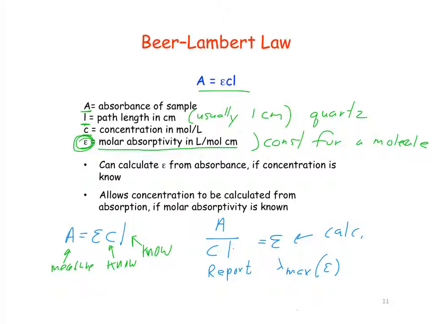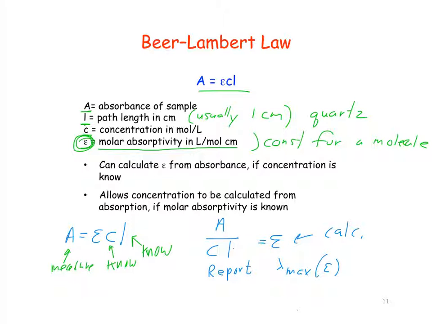The other way that this Beer-Lambert law is commonly used is if we have a known compound that we know the epsilon value for already. We can always measure the absorbance and we know the path length. If we have a solution of an unknown concentration, but we know the epsilon value, then we can calculate the concentration from the absorbance.